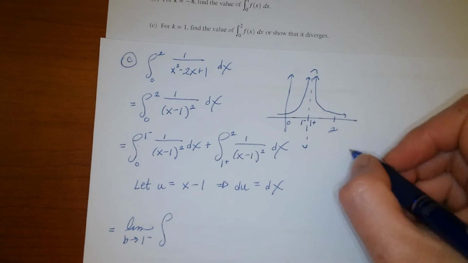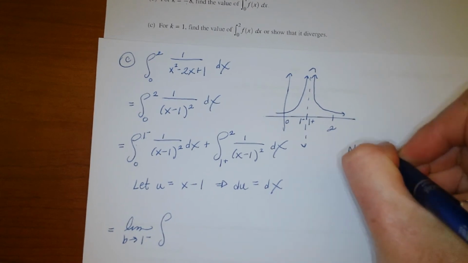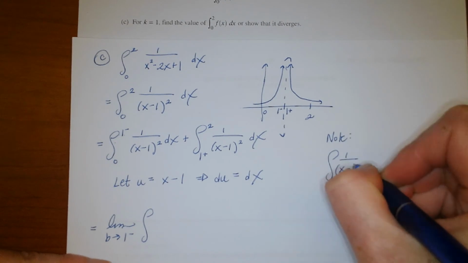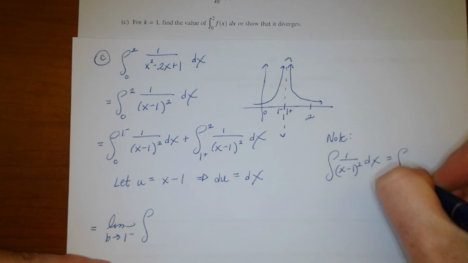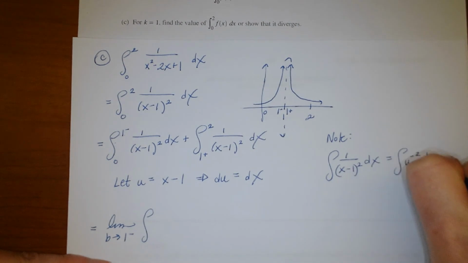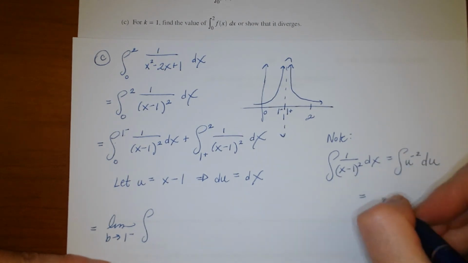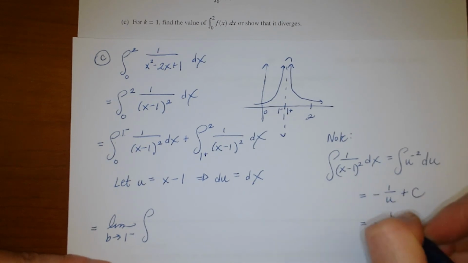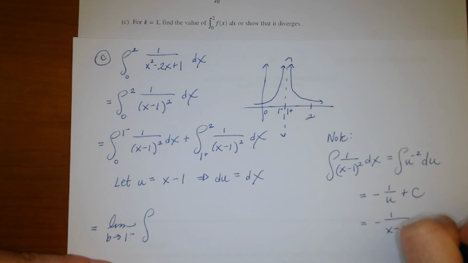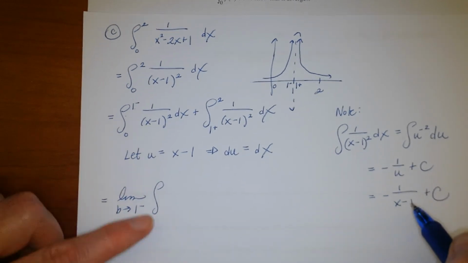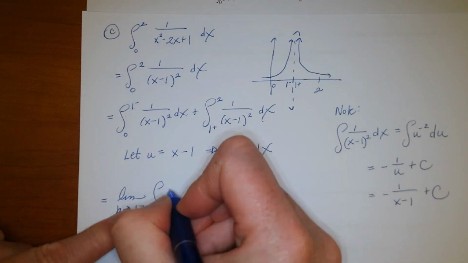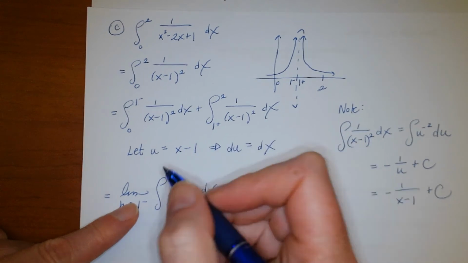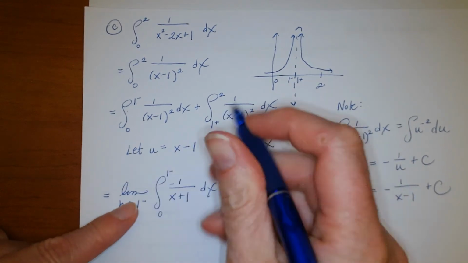Let's just do a note. 1 over x minus 1 squared dx. Which is the power rule: add 1, divide by the result. So there's the antiderivative. So I'm just going to go ahead and put that in. So we'd have negative 1 over x minus 1 dx from 0 to 1 from the left. Oops, 0 to b.